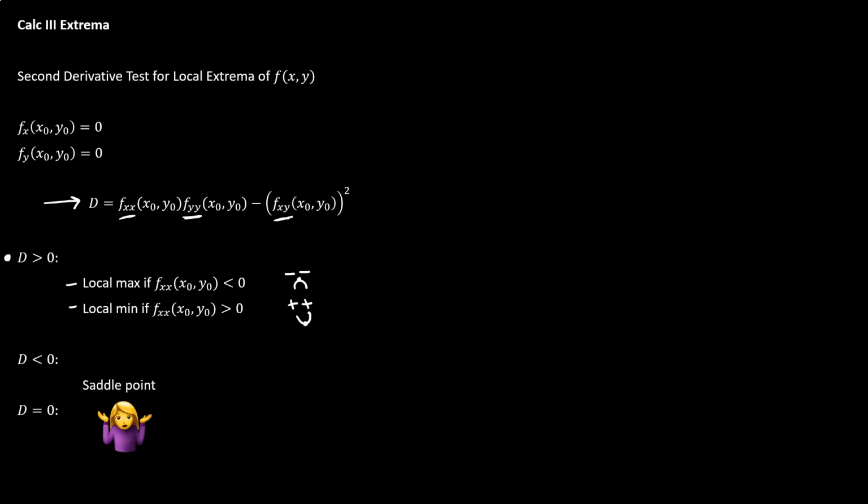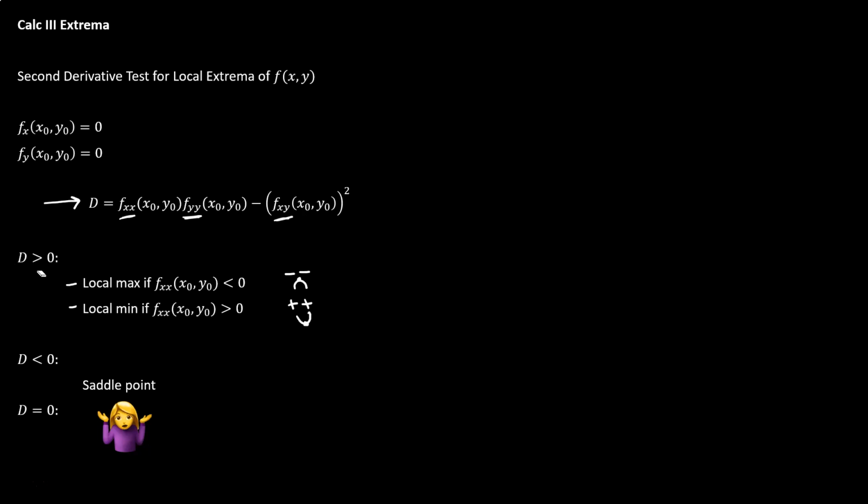The smile has a minimum at the bottom. So you calculate your second order derivatives, create this discriminant, plug in your critical point. If your discriminant comes out to be positive, then you need to check one more thing. That's the second order partial with respect to x or y, doesn't matter, and decide from there.